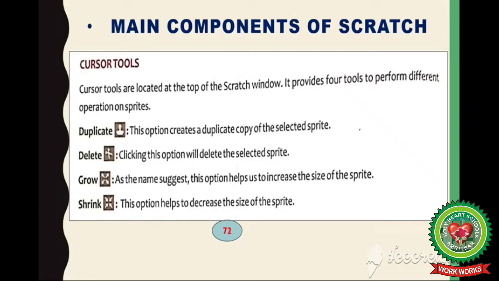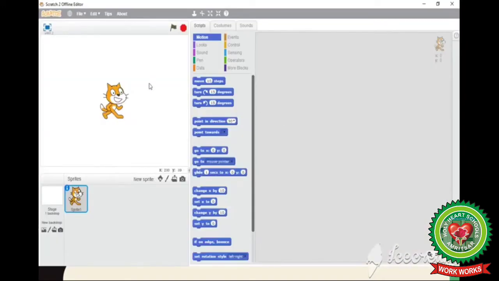So the different cursor tools are duplicate, delete, grow, and shrink. Now I am going to show you the working of these cursor tools. So these 4 are the cursor tools which are located at the top of the Scratch window.